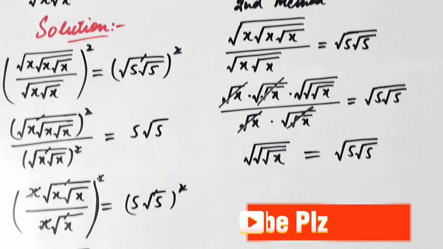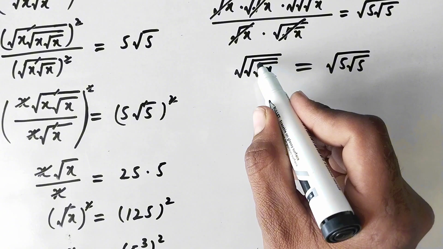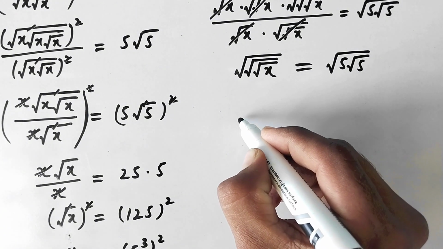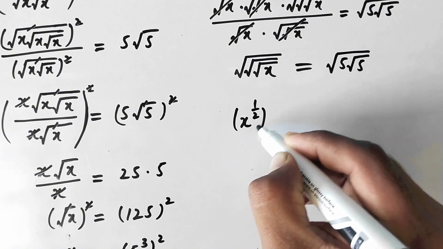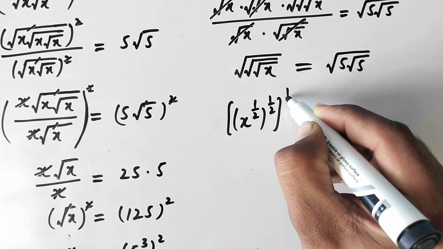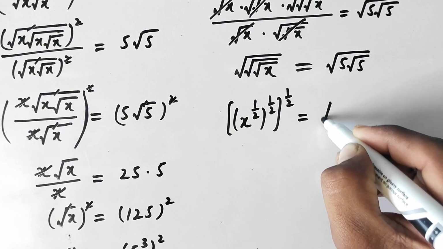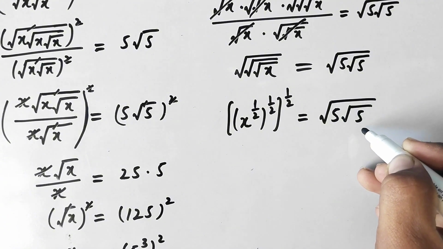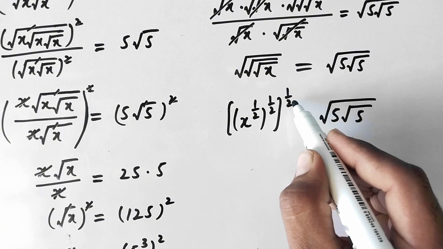So now here we can write this square root same as power of 1 over 2. So here by writing in this way, here will be x to power 1 over 2 to power 1 over 2 to power 1 over 2 is equal to square root of 5 times square root of 5, and now by following a property of exponents, that is we can multiply these powers.